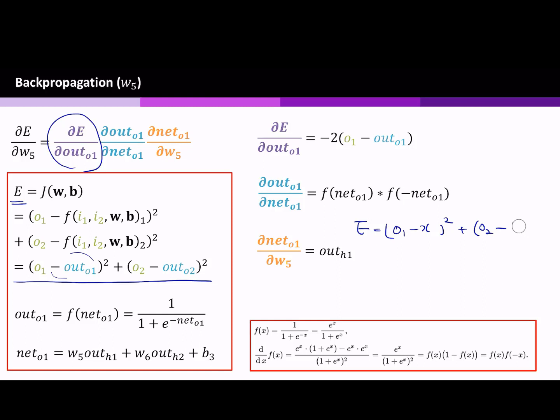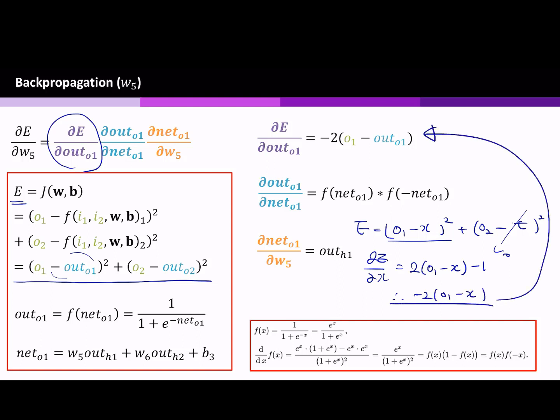Let's say y or t is independent from x. So this one becomes 0, right? And then 2(O1 minus x), the partial derivative of this term is minus 1. That's why, right? This one is this one.